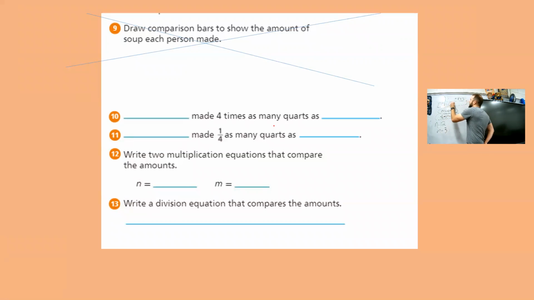What are you going to divide that by to equal 3? Well, how many 3s are in 12? 3, 6, 9, 12, 4. So that answer would be 4. So this is what you want to write. N divided by 4 equals M. And once again, if this page was confusing for you, it's okay. Don't stress out about it.